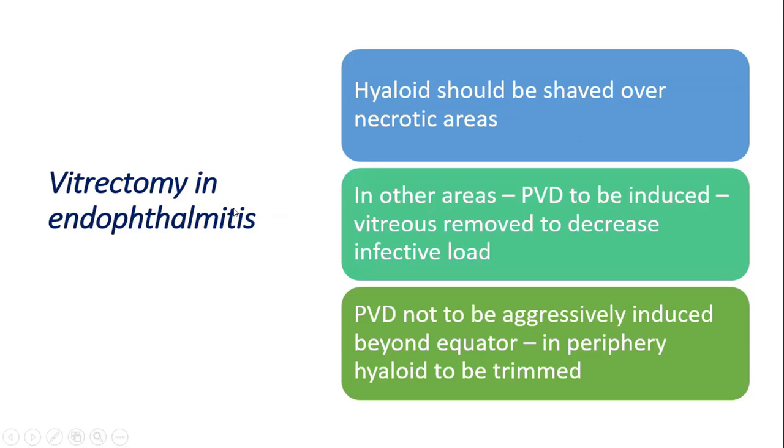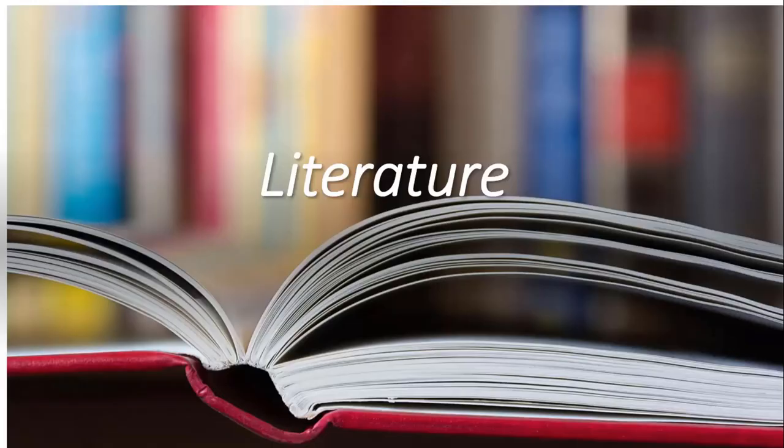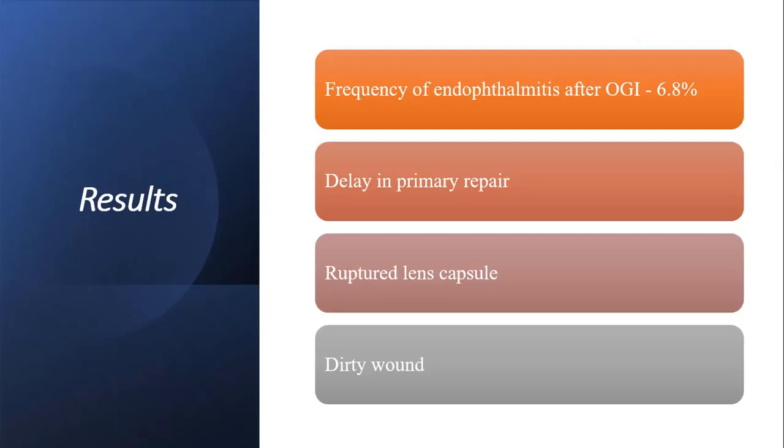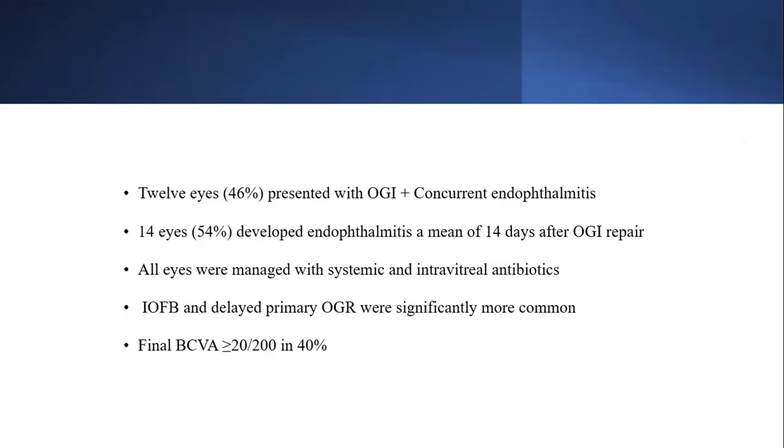When you are doing hyaloid removal over the necrotic area, you have to be very careful because that can lead to retinal detachment. PVD has to be removed completely but carefully. You should not be very aggressive and not go beyond the equator, because that is when we create a lot of damage to the peripheral retina. It can just be trimmed. I'll skip all these things and go to the last slide.